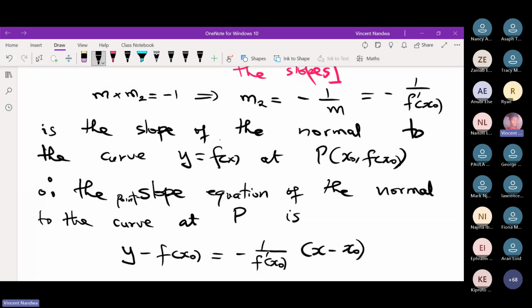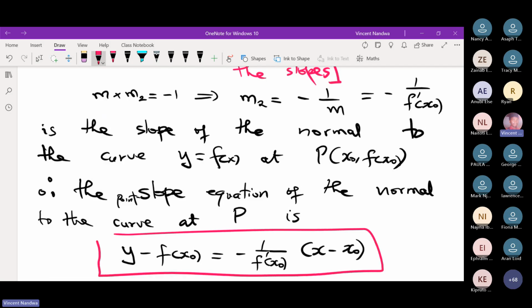And similarly, you can transform this to take the form y equals mx plus c. So this is the equation of the normal to the curve at point P.